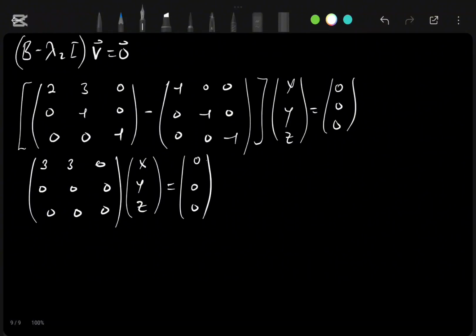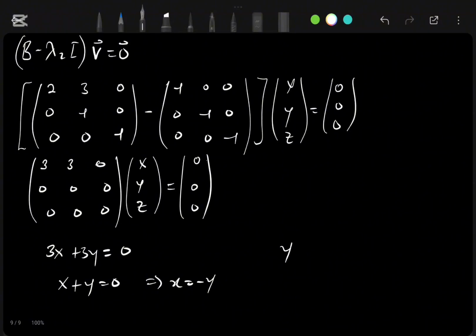Now here we can write 3x plus 3y equal to 0. Multiplying through by 1 over 3, we have x plus y equal to 0, and this implies that x is equal to minus y.